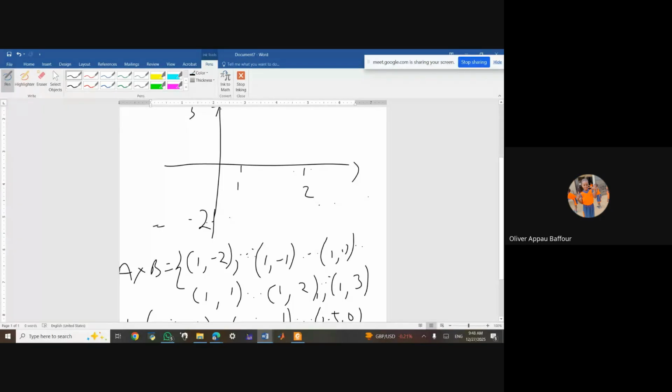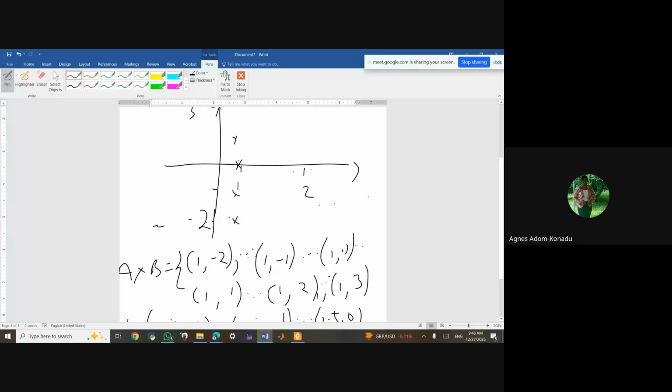Yes, ma'am. -2. Okay, so I'll plot the points. +1 is for X and then -2, so I'll plot it here. Then I'll plot the points +1 and -1. I'll plot the points positive 1 and 0. It is here. Positive 1 and 1 is a point here.